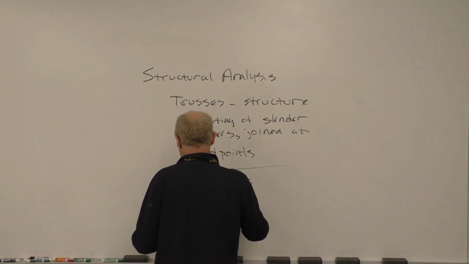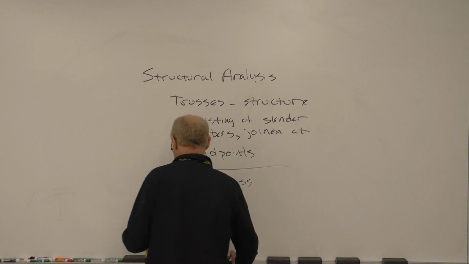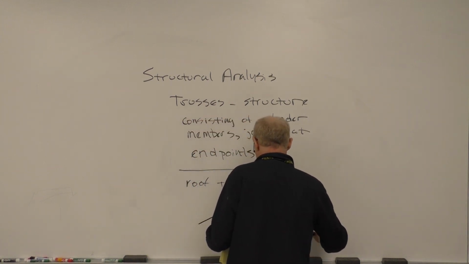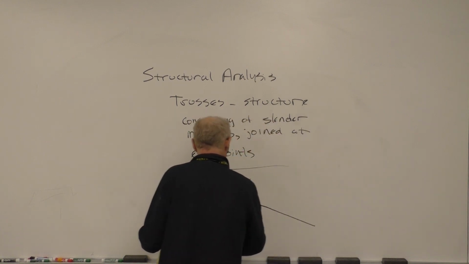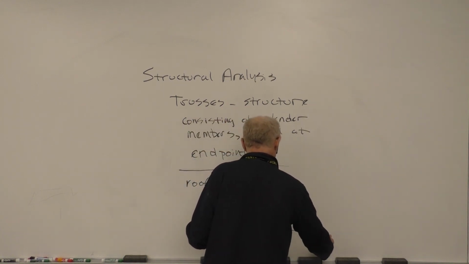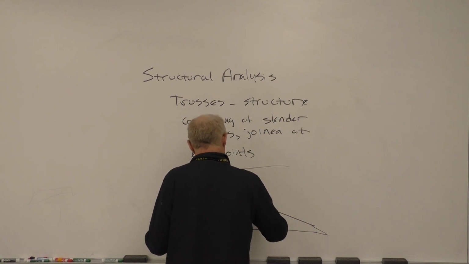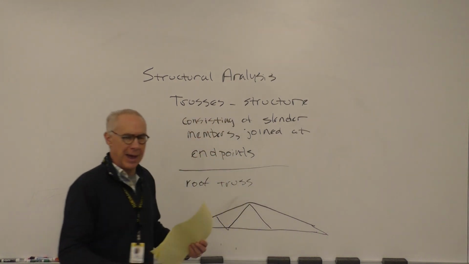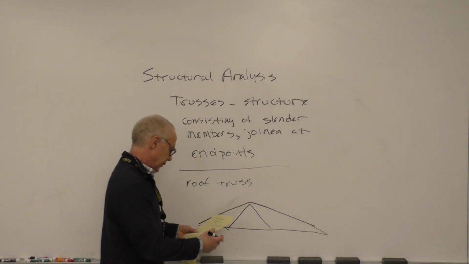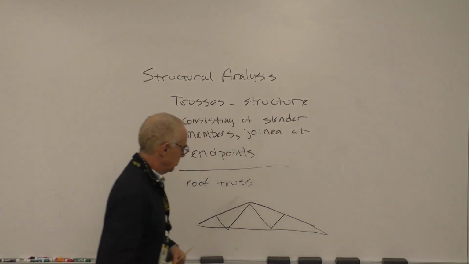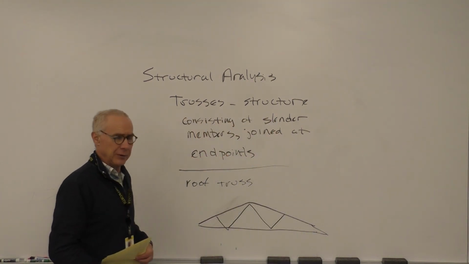It might look kind of like that, like that, like that. And there are different ways in which these are joined. There are different patterns of trusses. This is sort of a conventional roof truss, but you can do it many different ways.